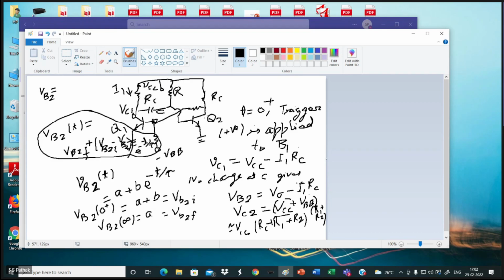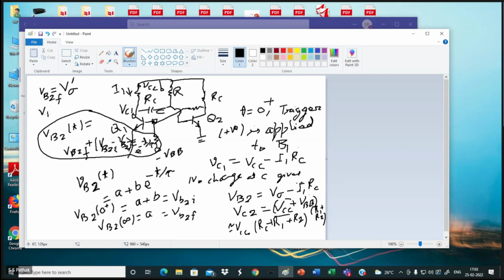It was on state. So VB2 final is nothing but, I can say, V sigma, something close to that, V sigma dash. Because it was in the saturation, not exactly at the border of saturation, it was inside the saturation. V2 was V sigma, it was VB2F.